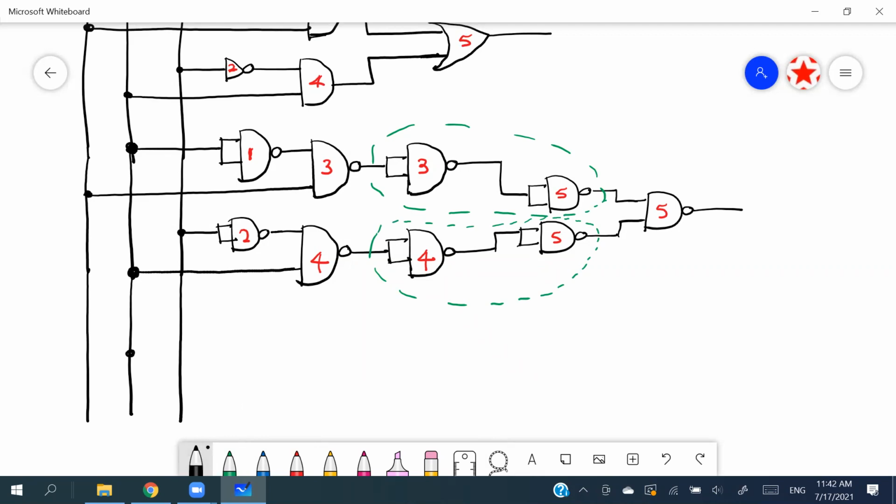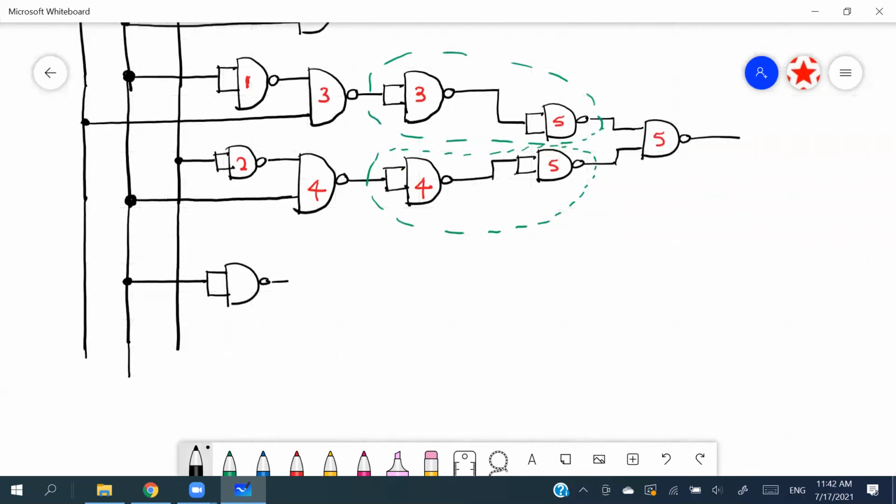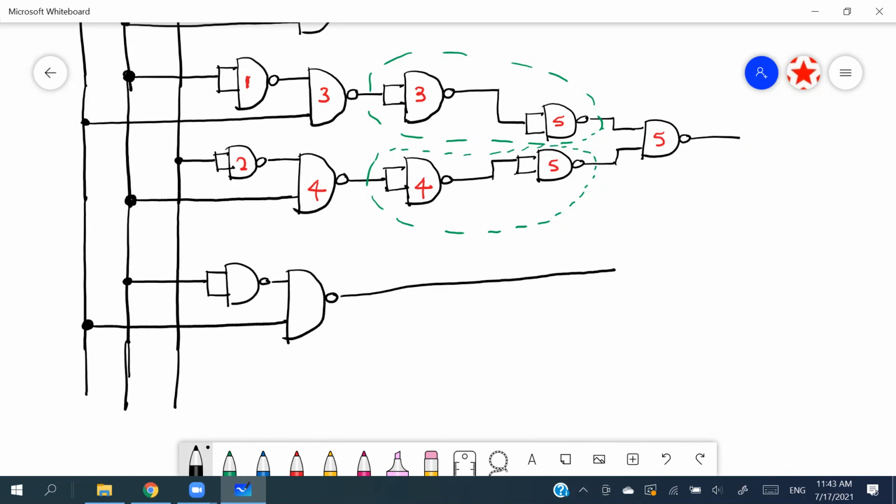So the simplified one is going to be: this NAND gate remains. Right, and the line from here is taken. This is drawn, and up to this point, it is being cancelled.